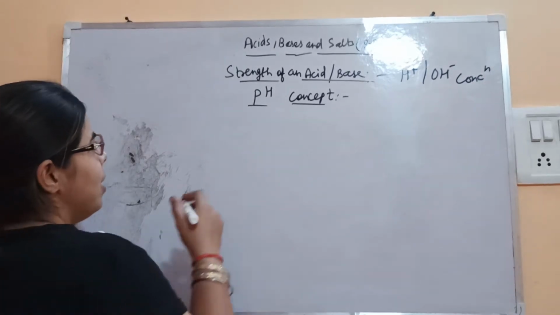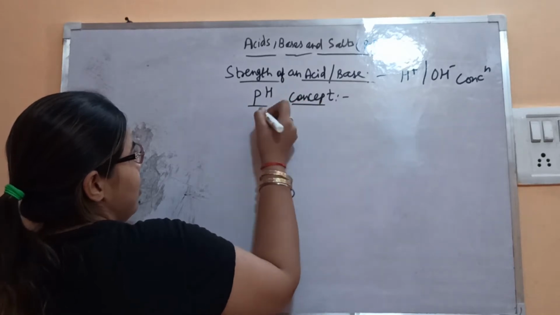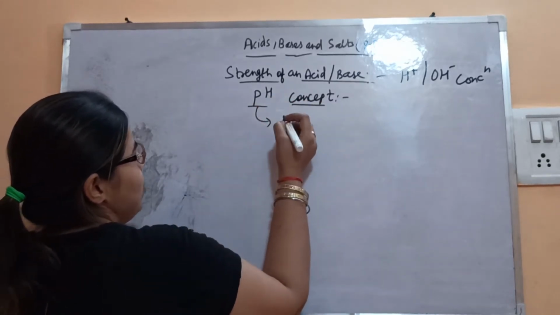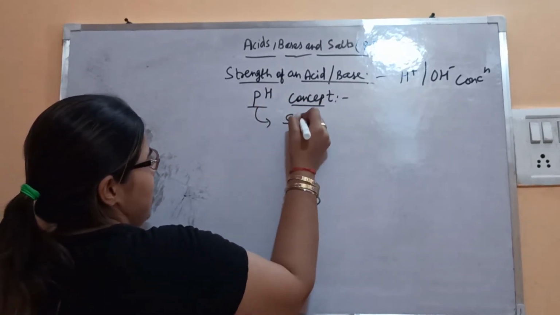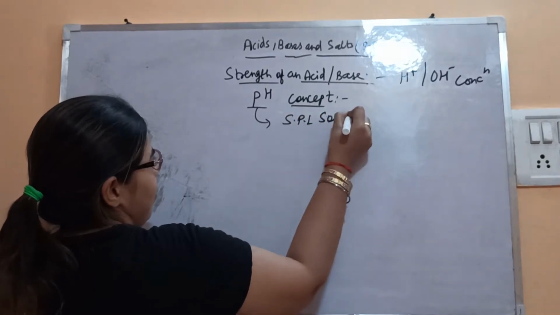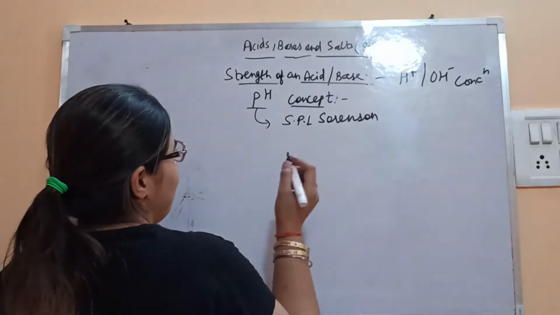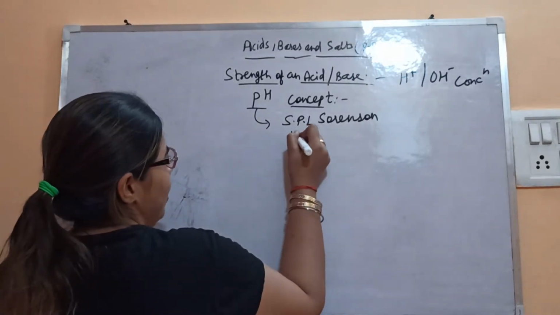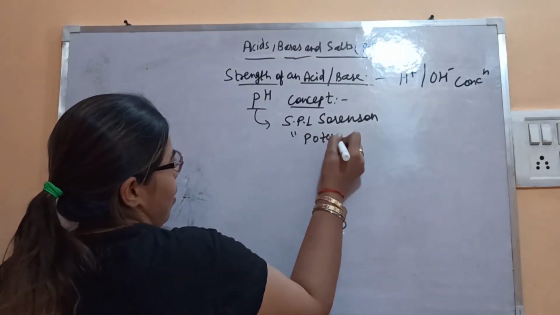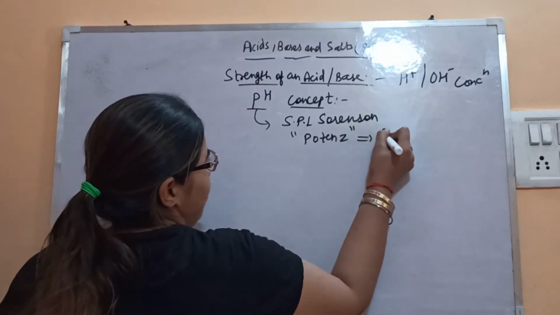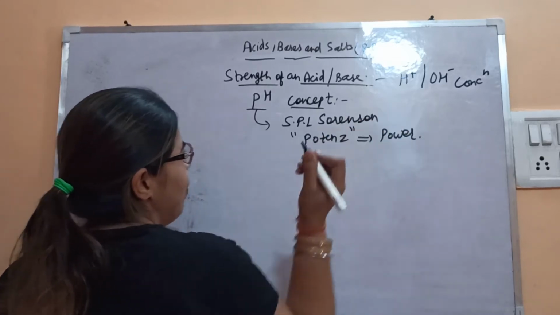So the pH scale was introduced by the scientist S.P.L. Sorensen. What's the meaning? It is derived from the Latin word potens. Potens means power. Power of what?